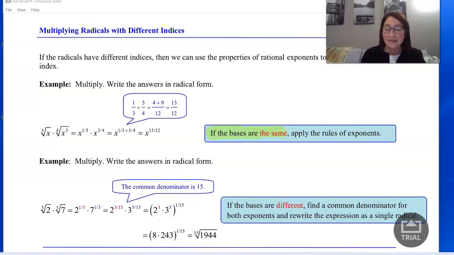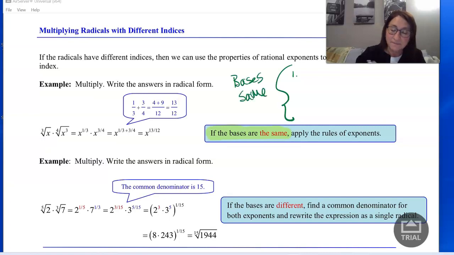If the bases are the same, here's what you're going to do. Step 1: convert to fractional exponents. So you change from a radical to a fractional exponent.